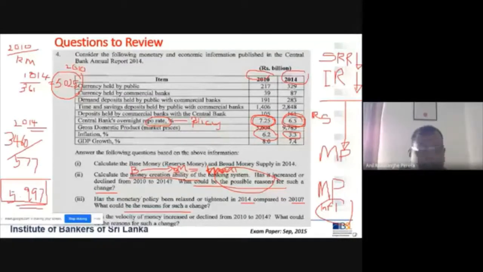Last one. The question is, has the velocity of money increased or declined from 2010 to 2014? And why is that? What do you think? Velocity.